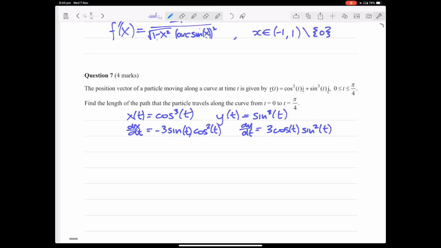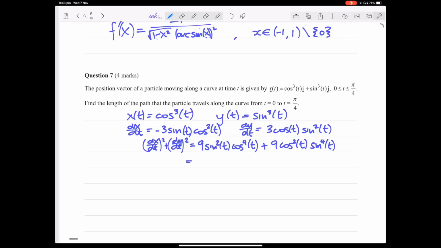Let's add them together. So let's say dx dt squared plus dy dt squared is equal to 9 sine squared t cos to the 4 t plus 9 cos squared t sine to the 4 t, which of course we can take out a 9, sorry.